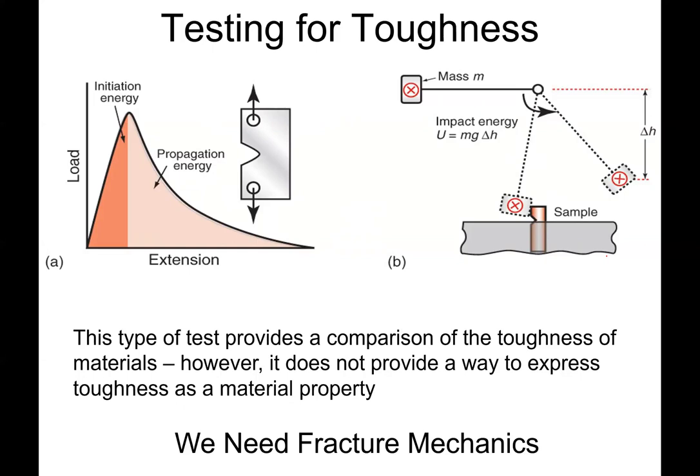It just allows us to find things like ductile to brittle and relative toughness between different materials. So what we would like is some kind of toughness property so that we can actually make predictions and calculations on fracture. And so we need to get into a little bit of fracture mechanics. Next time we'll jump into the fracture mechanics.